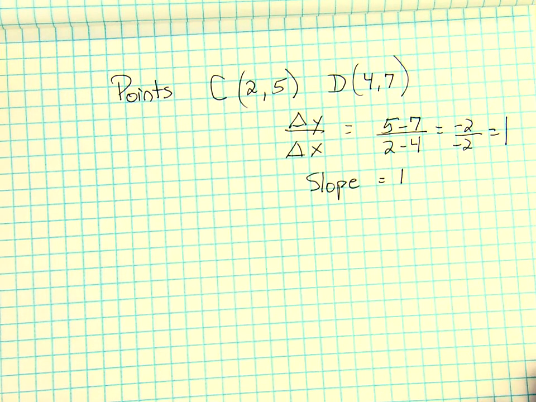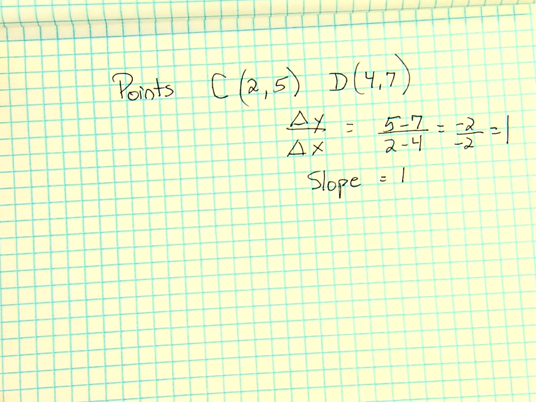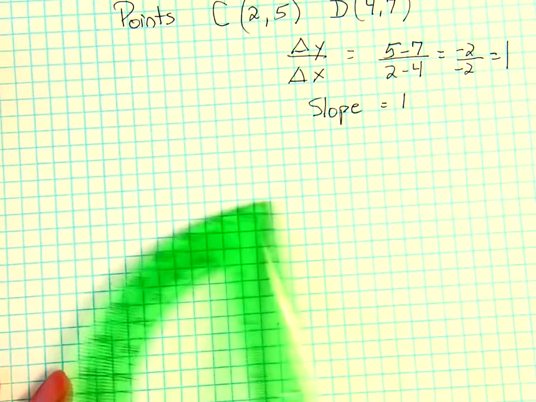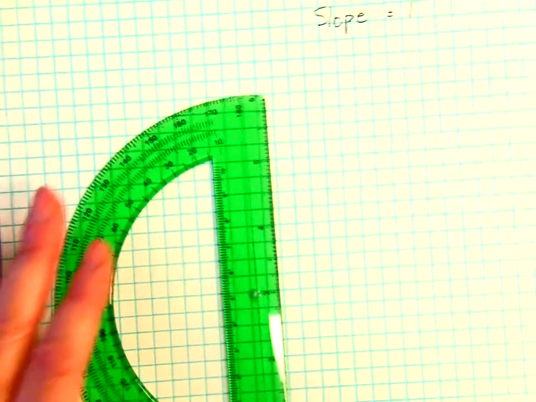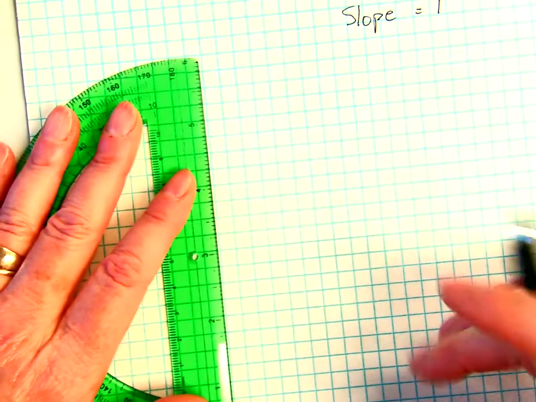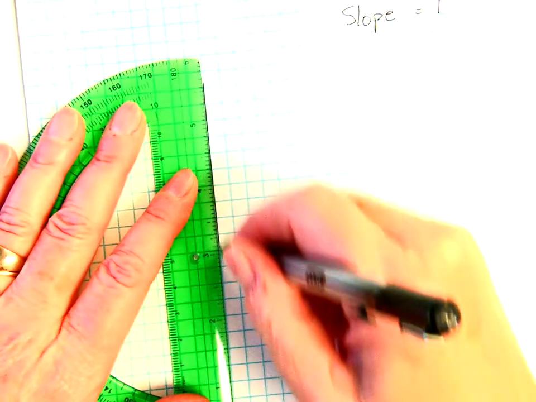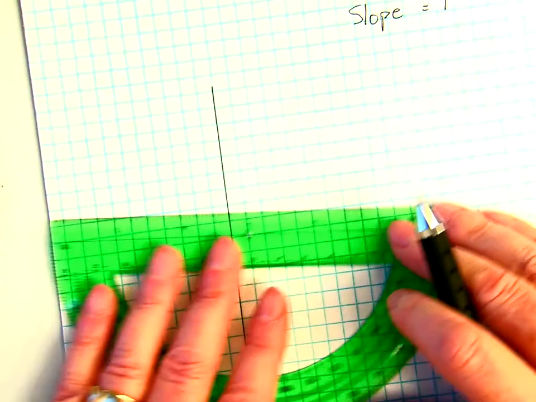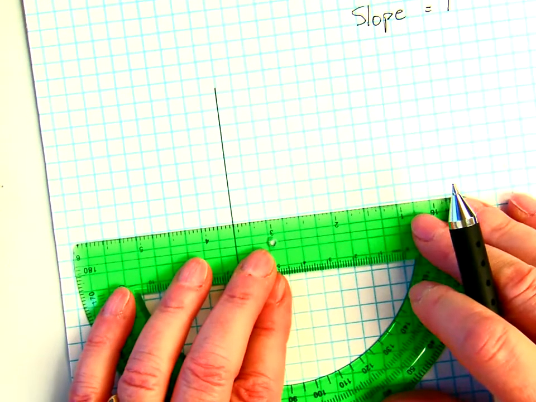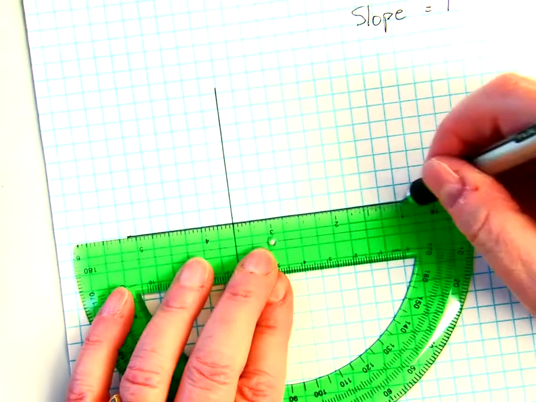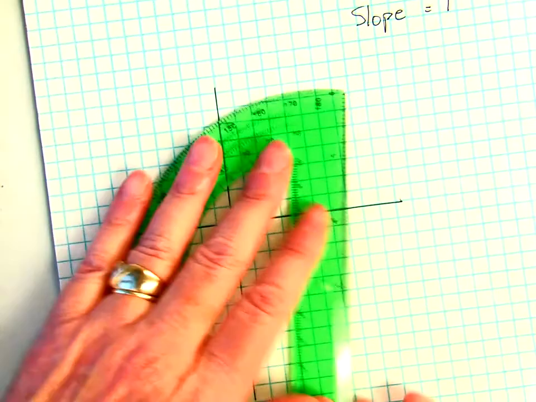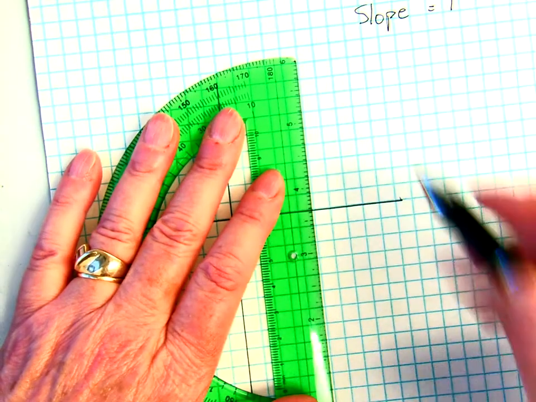So let's say we have a new line, and here is our coordinate plane again. Now let's look at a line that looks like this.